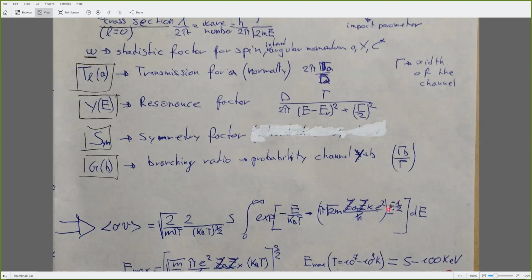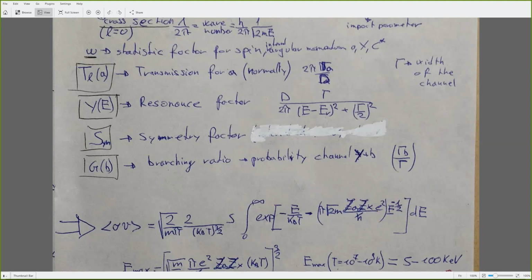And you can see that the energy enters with a power of minus 1, the square root of the energy, because the square root of energy is proportional to the velocity. And we have an interaction with the velocity.